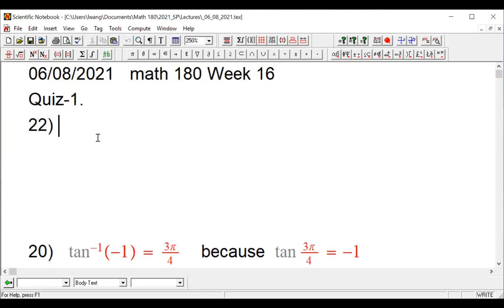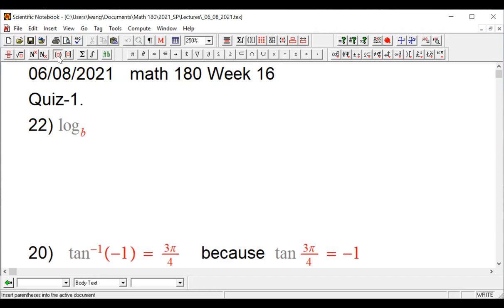All right, so let's look at number 22. 22 through 25 are the mistakes we have seen over and over, and we have definitely addressed them in classes. Okay, let's look at some examples. We have log base b.